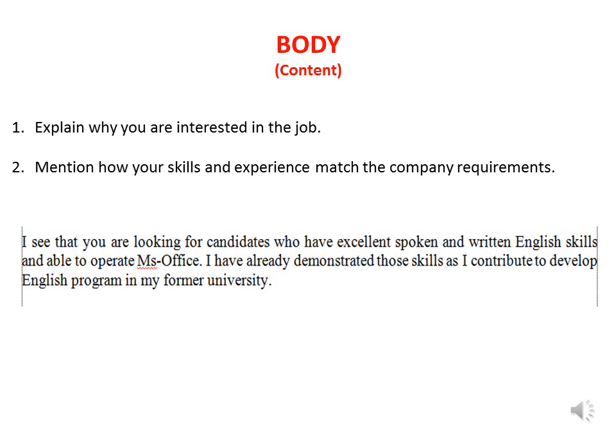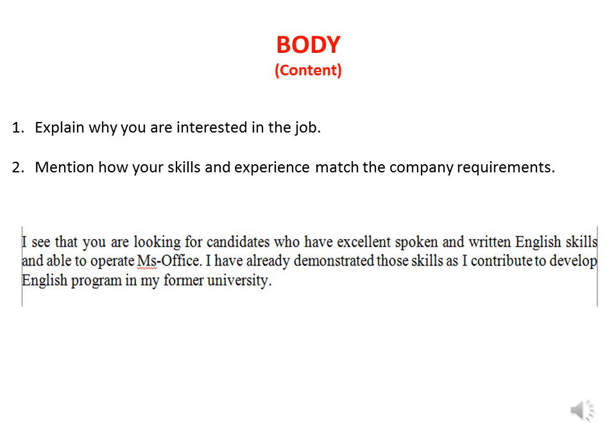Second, in the body part, you can put the content after writing the introduction. Now, look at the content. First, you must explain why you are interested in the job. Second, mention how your skills and experience match the company requirements. Take a look at the example. You can write that in the second paragraph. I see that you are looking for candidates who have excellent spoken and written English skills and are able to operate Microsoft Office.